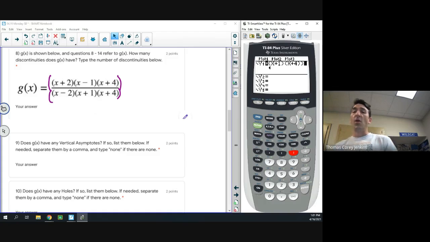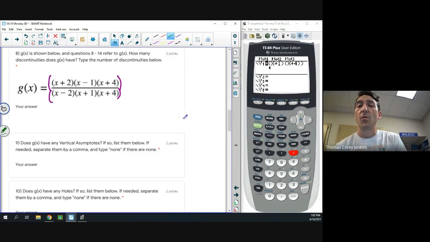All right. So based on what I said last time, we should see vertical asymptotes. Or sorry, let's start with the first question. How many discontinuities? So we see 1, 2, 3 factors that all contain a variable. So again, there should be 3 discontinuities in this case.